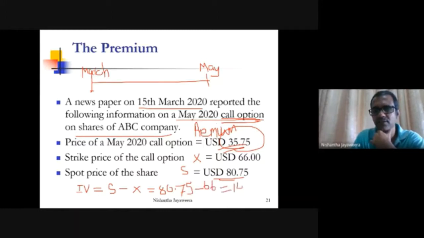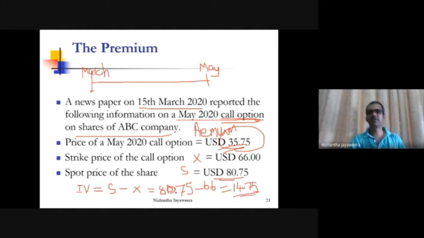So it is 14.75. So the intrinsic value is 14.75. Then the premium is 35.75. What is the difference? 21. What is that 21?